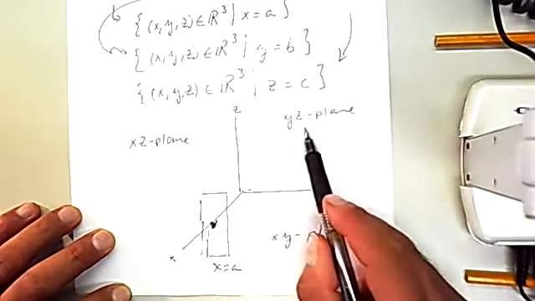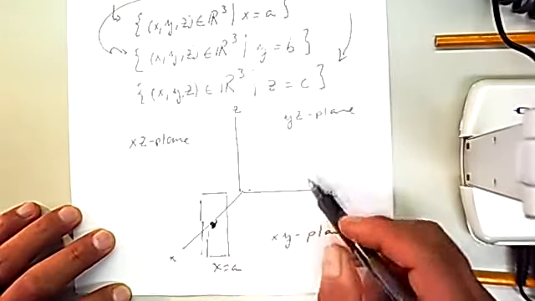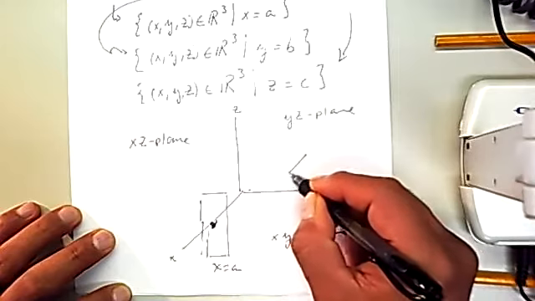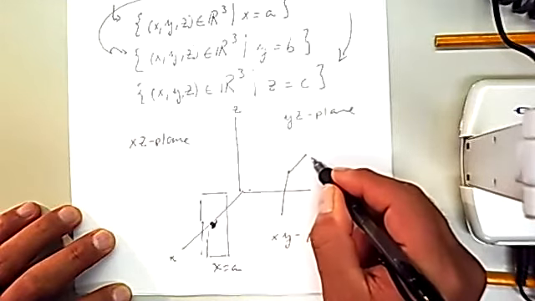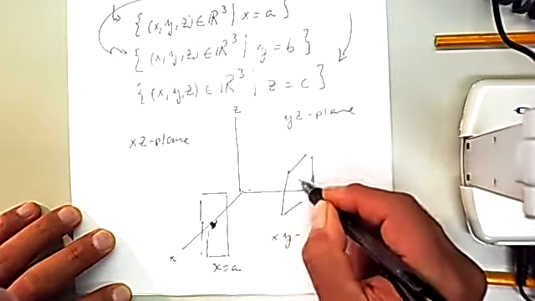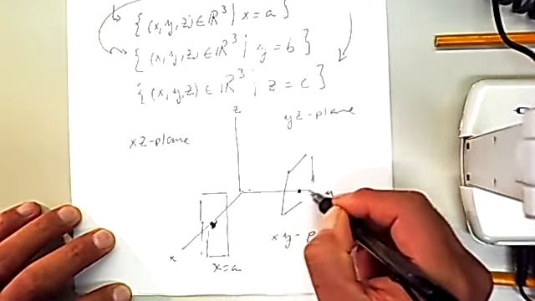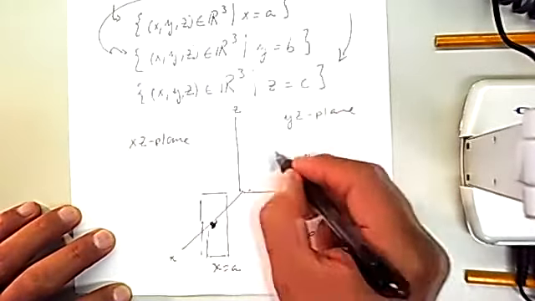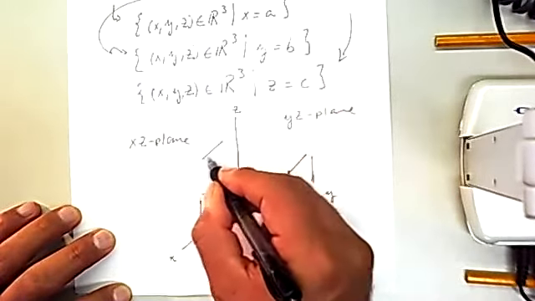And then y equals b would be a plane going this way. So it goes to the point y equals b. And then z equals c would be a plane that is horizontal.